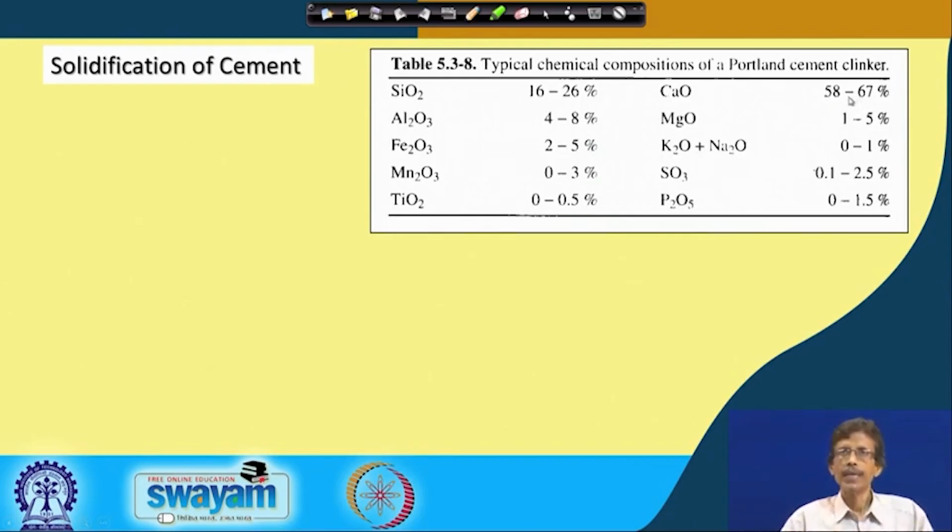Basically it is a calcium oxide material, and when you consider silica, it is a calcium silicate material. Together, these two make up about 93% of the material, coming from calcium oxide and SiO2.